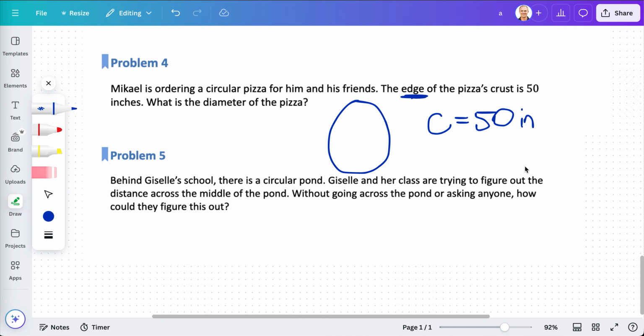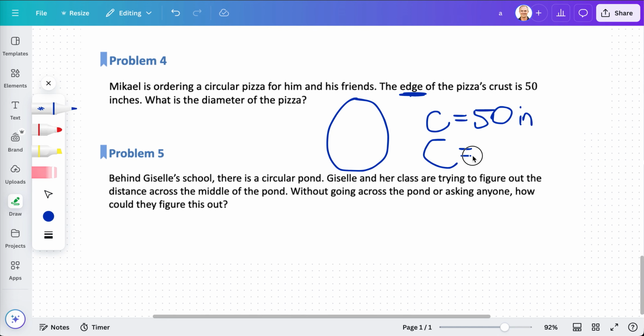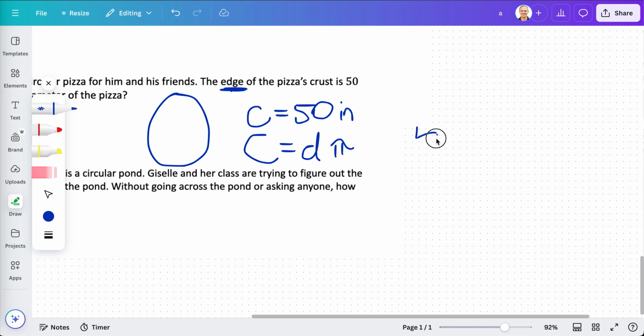And we know that the circumference is diameter times pi. So we could say 50 equals diameter times pi. And so we can do 50 divided by pi equals the diameter.